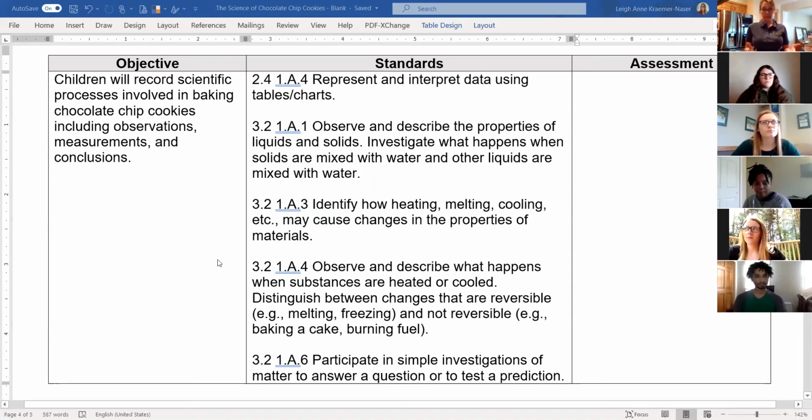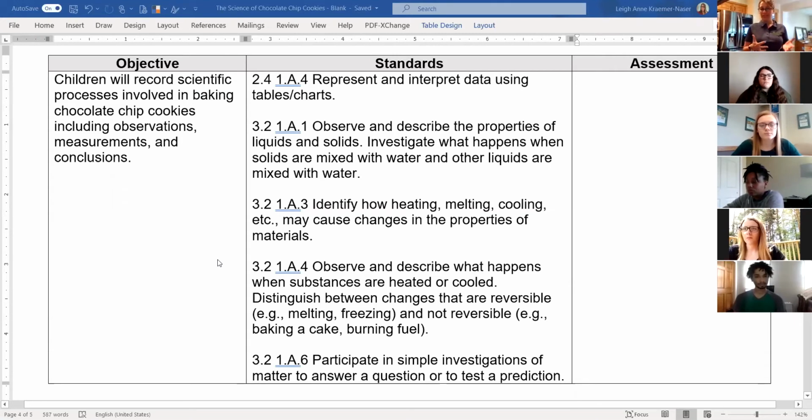We have standards here from the Pennsylvania Early Learning Standards for first grade about interpreting data using tables and charts, observing properties, identifying heating, melting, and cooling, observing what happens when things are heated and cooled, and participating in simple investigations. The important thing with science and learning about science is making the learning stick through documentation.